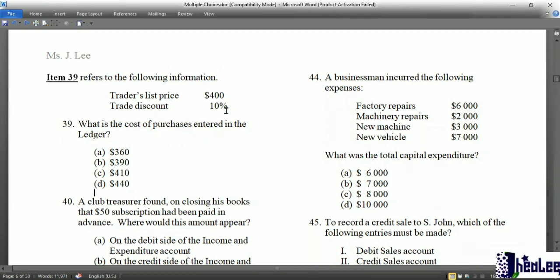So you can multiply 90% of that $400 to get the price that the person would pay. The cost of the purchase recorded in the ledger is $360. Another way in which you could ascertain this is that you would find the 10% of the 400, which would give you 40, minus that $40 from the 400, and that will still give you $360.